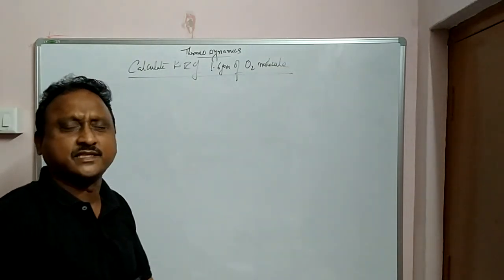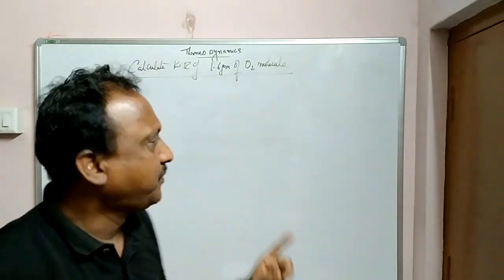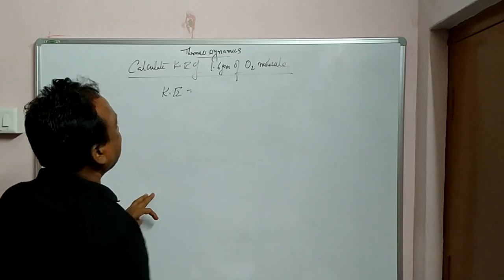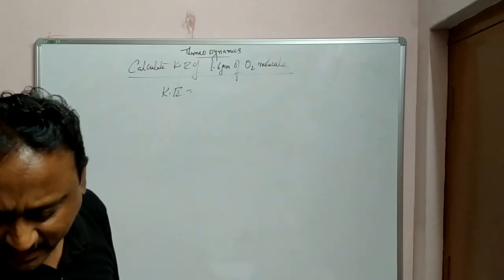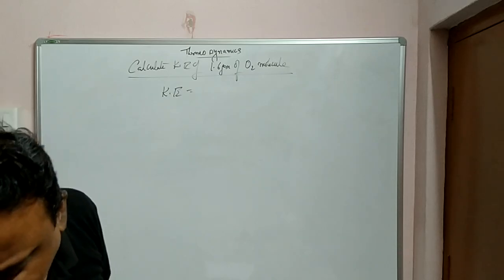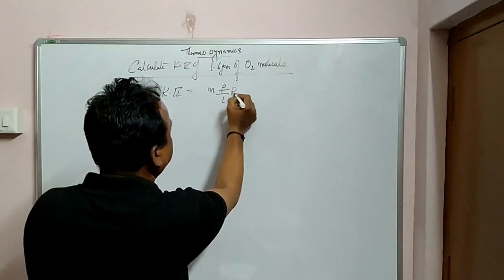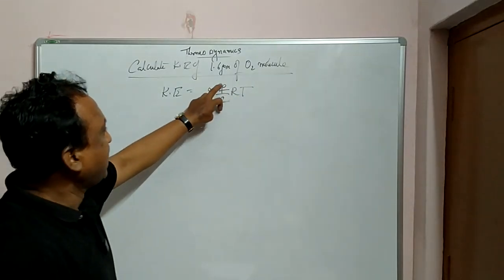How to solve such types of problems in the examination? They give such problems regularly. Now you have been given the formula. What is kinetic energy? Kinetic energy is given by n into F by 2 into RT.